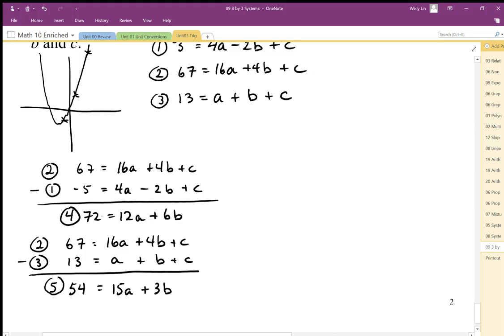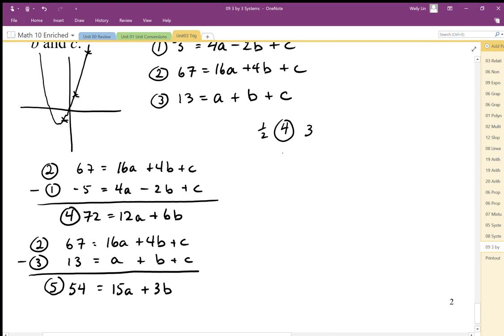And looking at equations 4 and 5, it looks like I can maybe get rid of the b's fairly easily. In fact, I'm going to take half of equation 4 because that's just going to be easier, and that will match up my b coefficient.